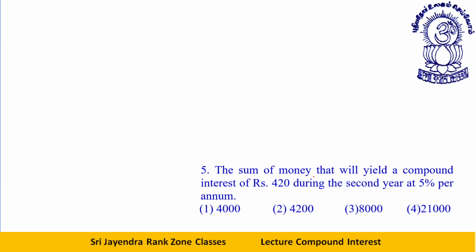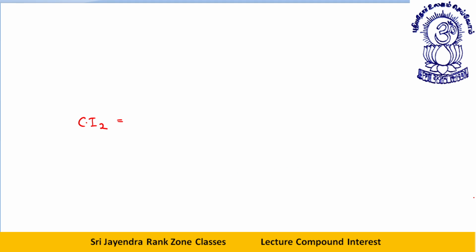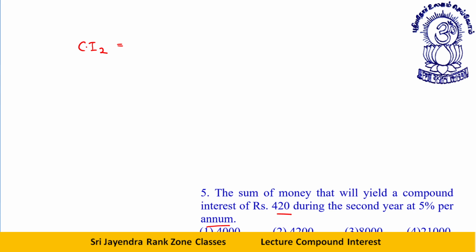The sum of money that will yield a compound interest of rupees 420 during the second year at 5% per annum is. See, students, what is compound interest for second year? Let's say, what is simple interest for 2 years? What is the simple interest for 2 years?